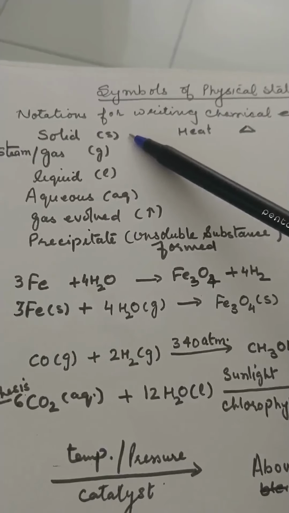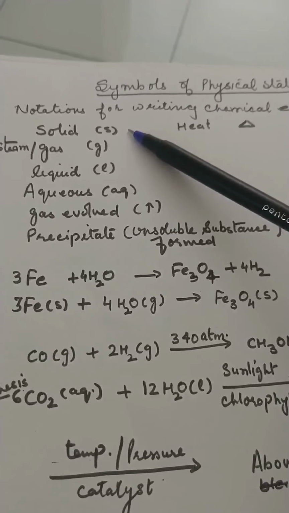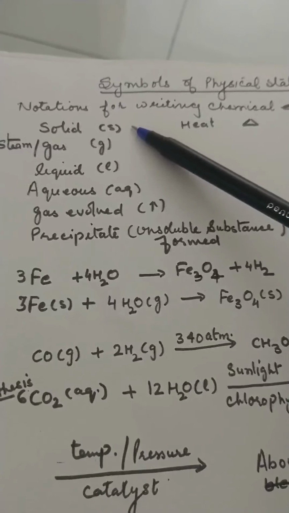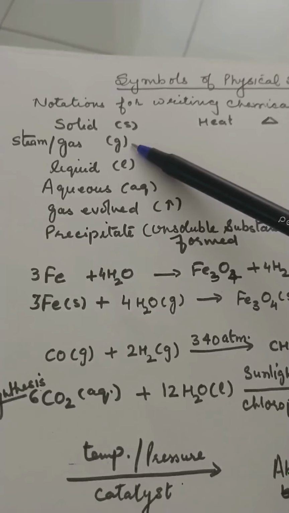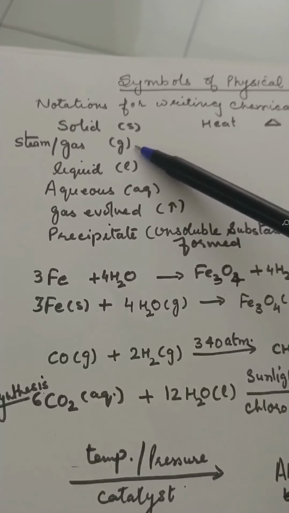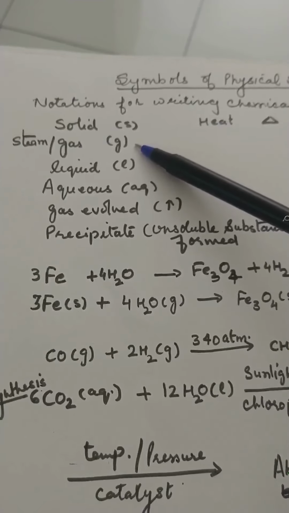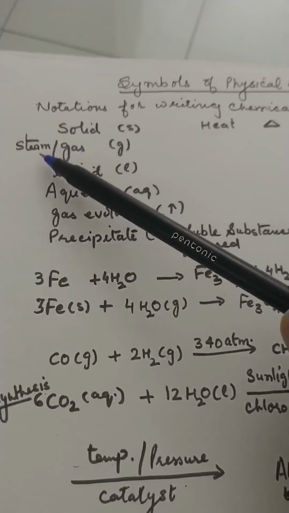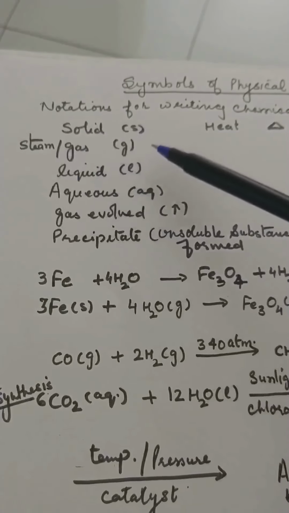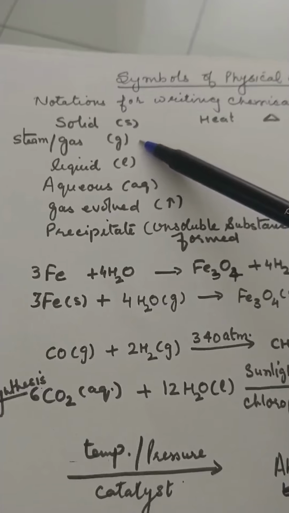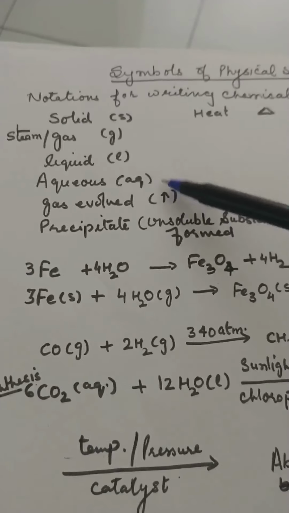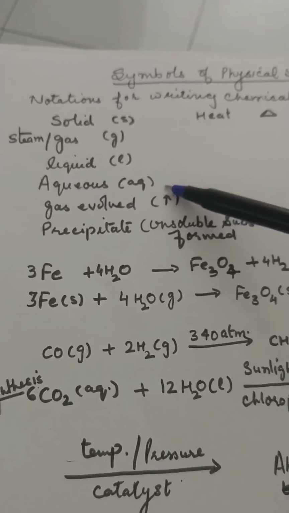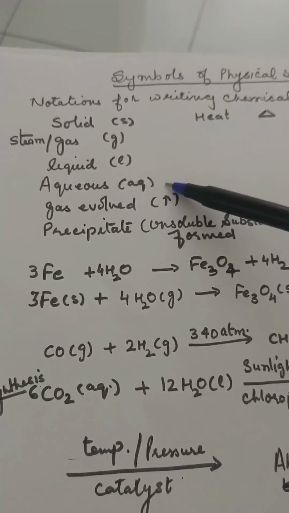Solid state, if any reactant or product is solid, it is written with small s. If it is gas, evolved or taking part as a reactant in a chemical reaction, it can be written as g. Even steam is also written like small g in parenthesis. Liquid with small l. Aqueous, this is a new term for you.